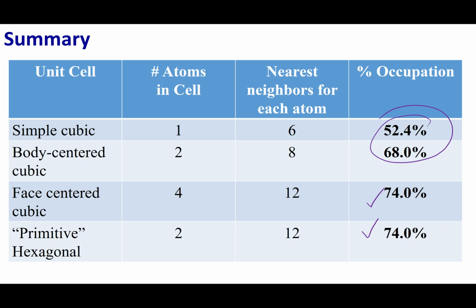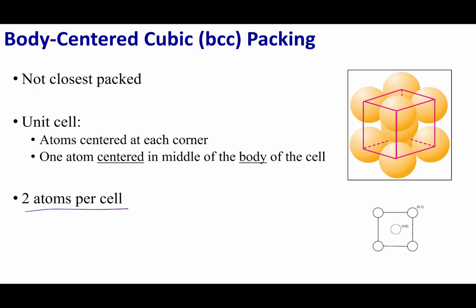The last thing I want you guys to know is the nearest neighbor in each one of these cells. So you guys can memorize this, or you can look at the unit cells themselves and figure it out. For example, let's take a look at the body-centered cubic. So if you look at this central atom right here, the one that I'm coloring in, what you will note is that there are 4 atoms on top, and then there are 4 atoms on the bottom.